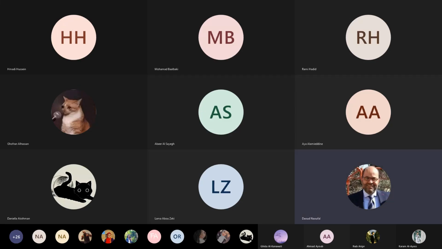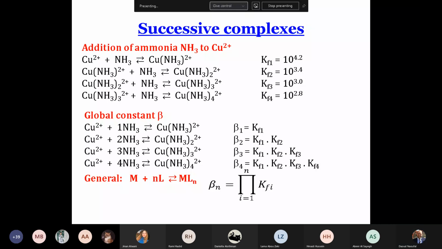We continue the explanation of formation of complexes. As a summary, the complex is formed between a metallic ion and a ligand, M plus L gives ML. If the reaction is favored in direction 1, in the direction of formation of the complex, that means this complex is stable.